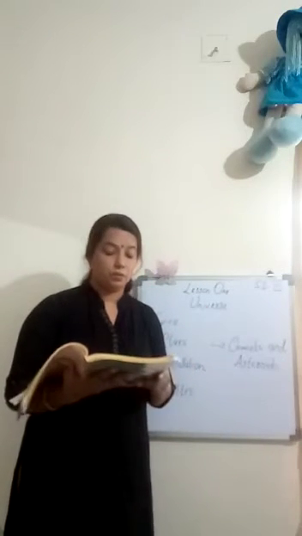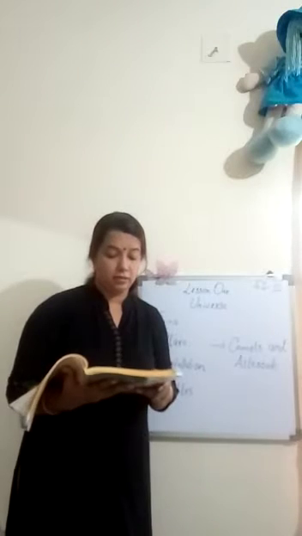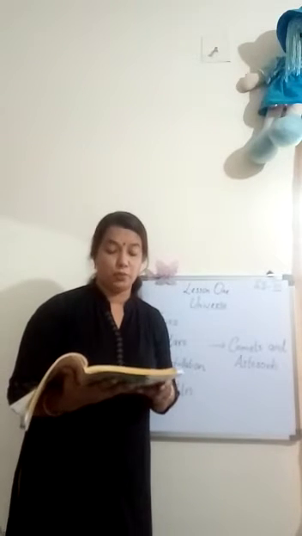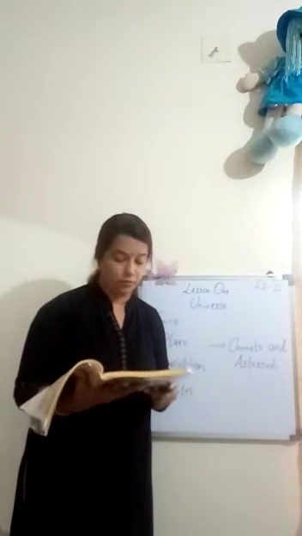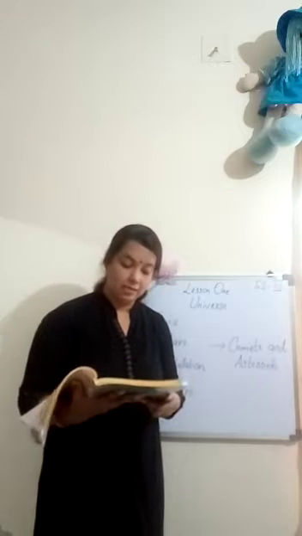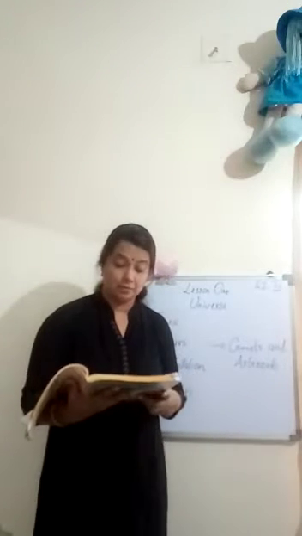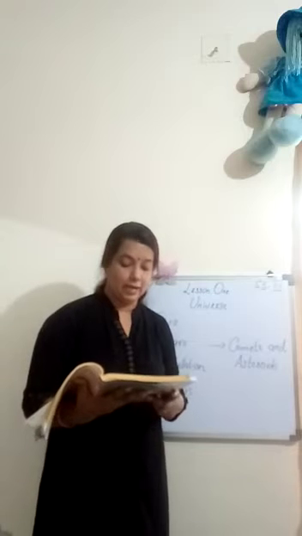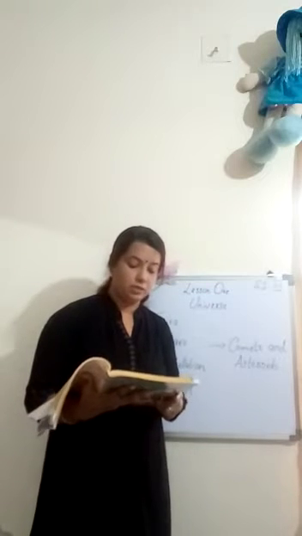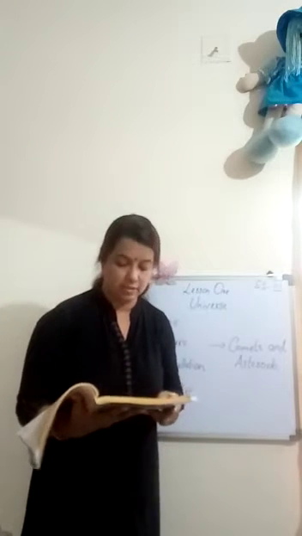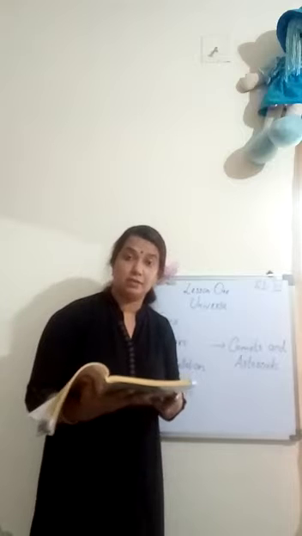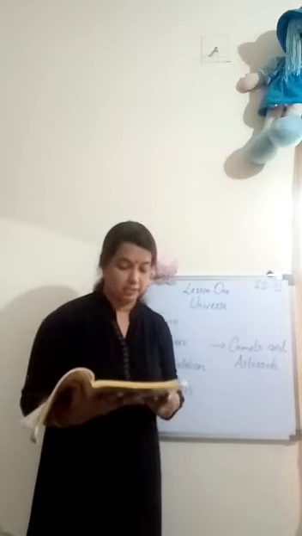Now it shows the difference between planets and stars. Planets have no light of their own, but stars have their own light. Second, planets move around the sun, and the stars remain in a fixed place.